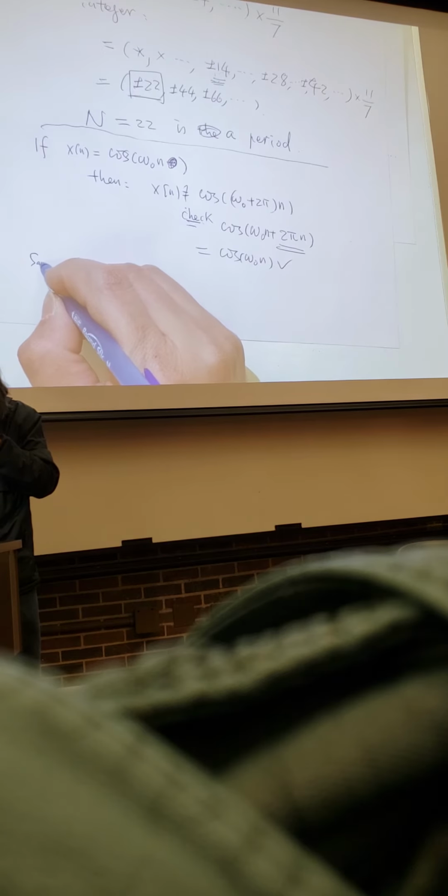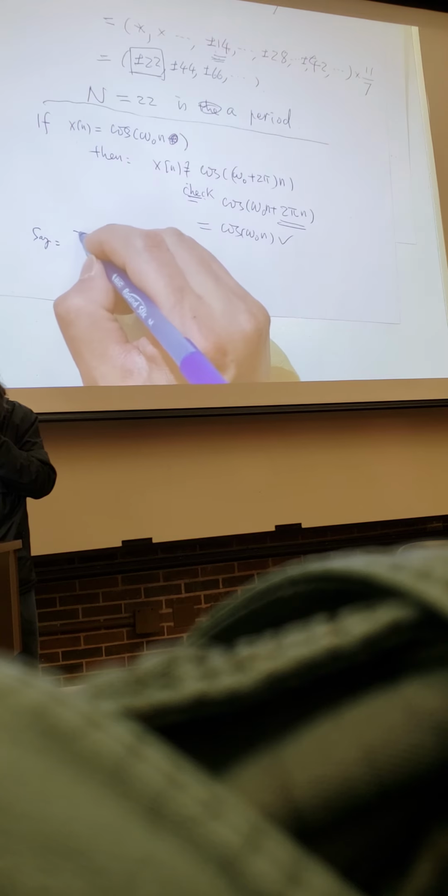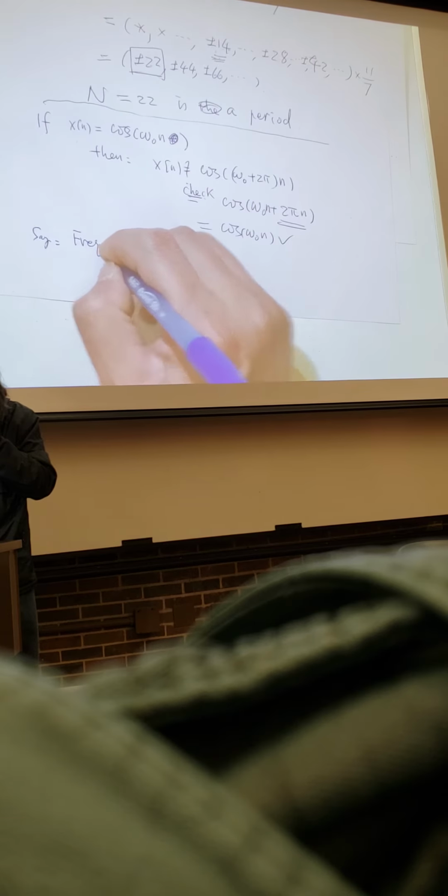In the discrete time case, the frequencies omega naught and omega naught plus 2 pi are the same.